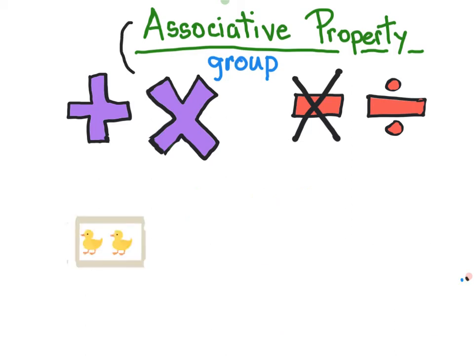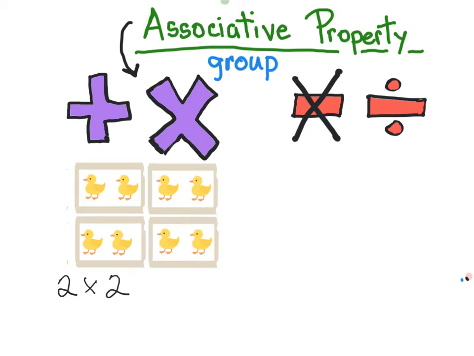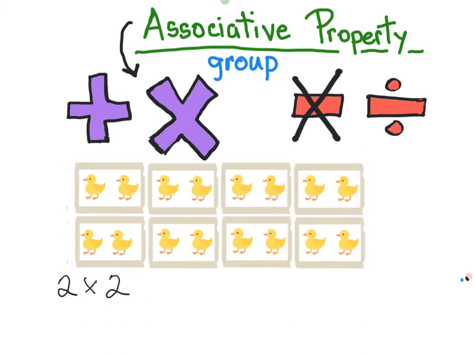Looking at the associative property of multiplication, we are going to start off with 2 ducks that you got for your homeschool project. And you did so well that your teacher gave you another group of 2 ducks, so now you have 2 groups of 2 ducks. Then you joined the club Future Farmers of America, and they not only doubled your ducks, they doubled your double, which is times 4.